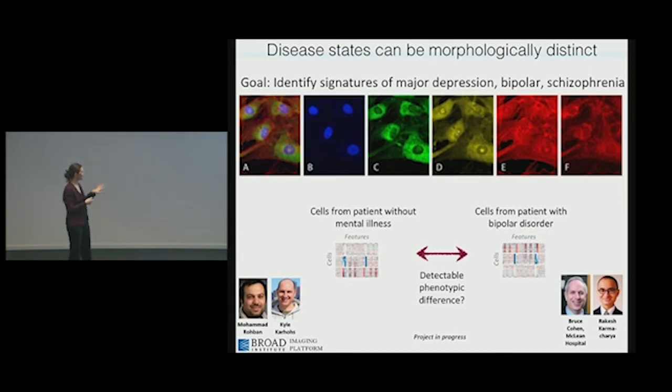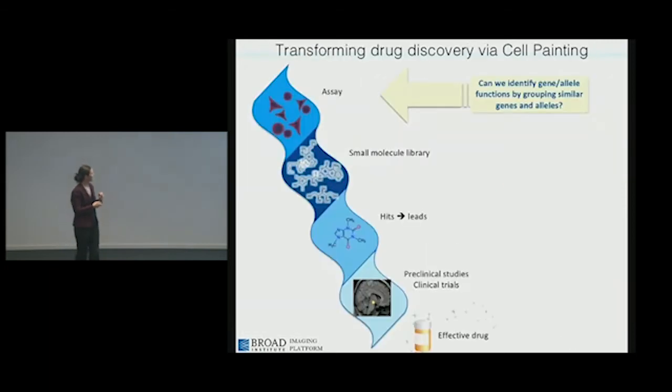I don't have results to show today, but we have some inklings. It's a very challenging experiment. It's statistically going to be underpowered no matter what you do. But we have some evidence that we can see differences, especially for major depression and schizophrenia.